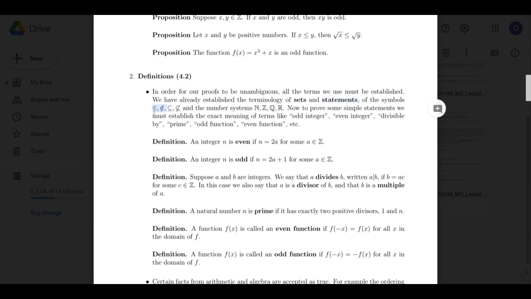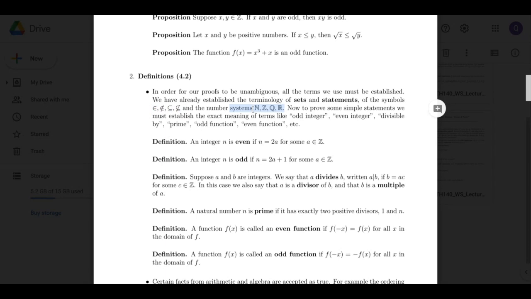The first two symbols mean an element in or not in a set. And those two symbols mean is a subset or is not a subset. So those two compare sets, and these two compare an element and a set.